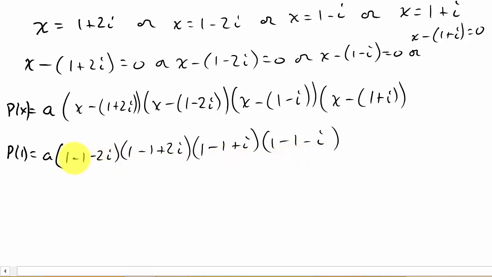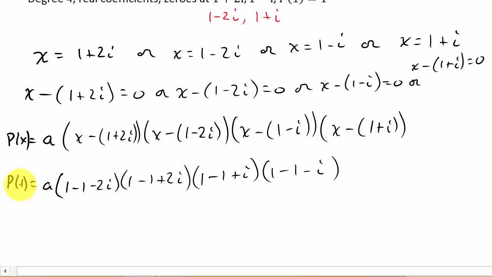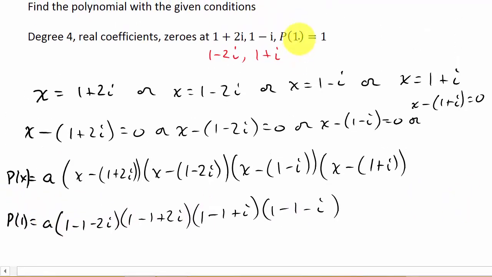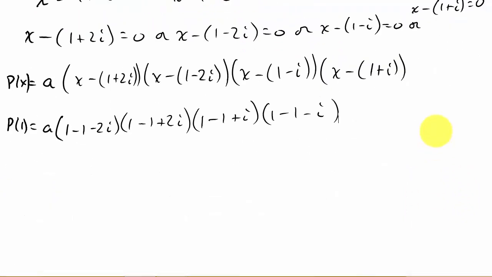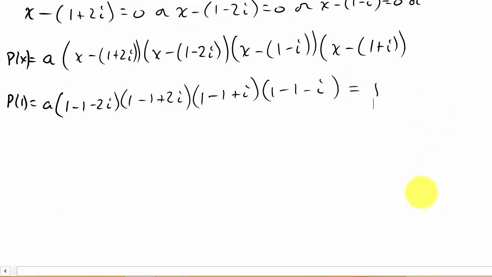Notice how I plugged the 1 in for x, so I've got P of 1. Well, what is P of 1? P of 1 is 1, so this should equal 1. Now I have an equation that I can solve for a.